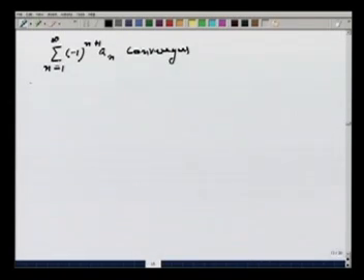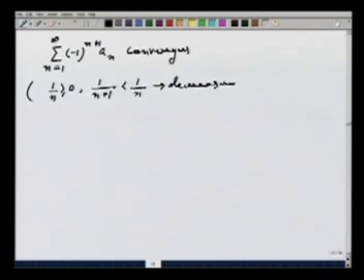Before we go to the proof of this, come back to the example. 1 by n is bigger than or equal to 0. 1 by n plus 1 is less than 1 by n. This is the condition, decreasing, and also 1 by n goes to 0.